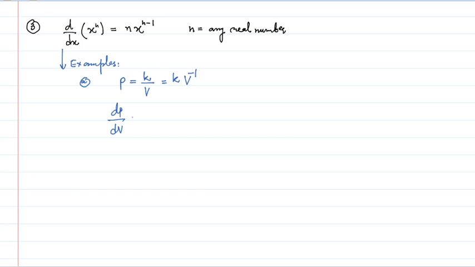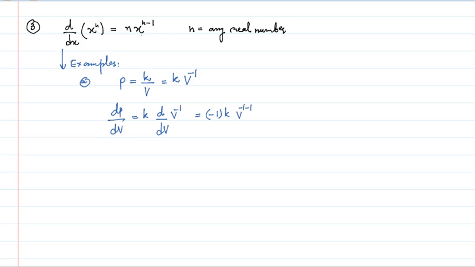This is k, so k will be outside, now d by dv of v inverse. So this will be simply v raised power minus 1 minus 1, with k there.